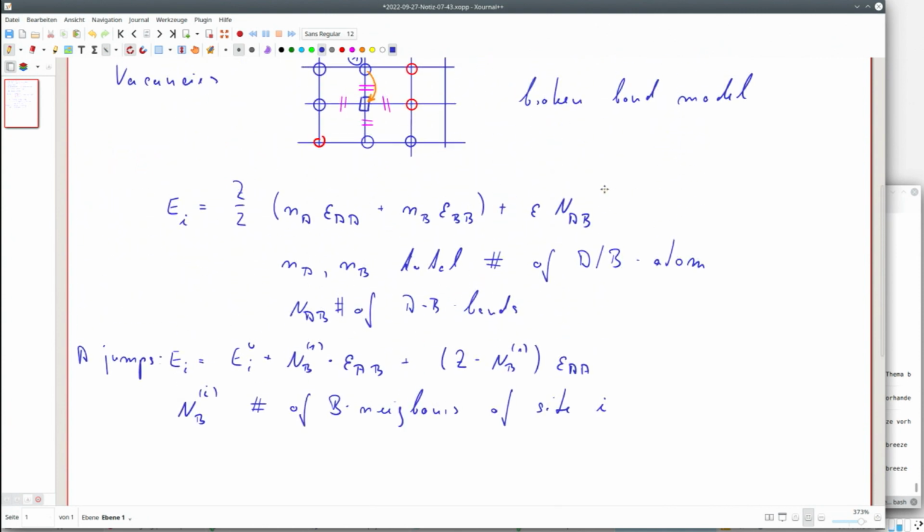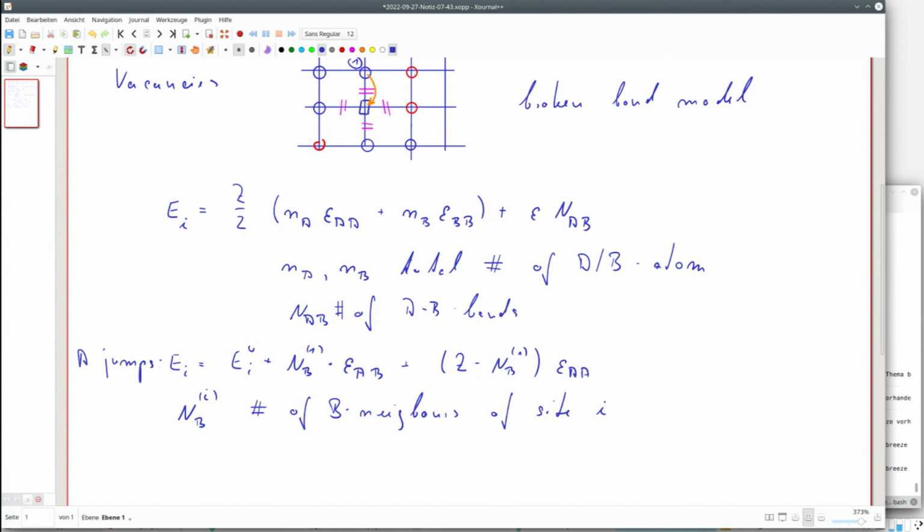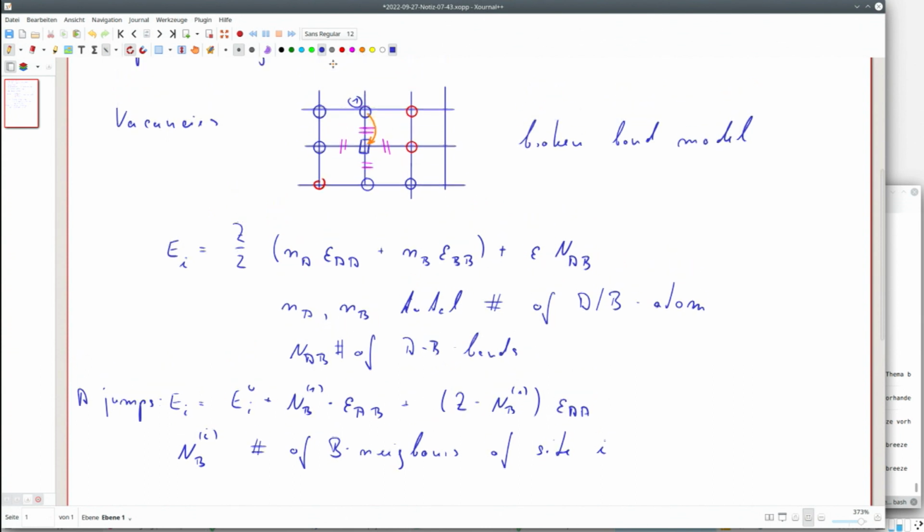Then you see if this is an A atom here, it takes the number of B neighbors times this energy of AB plus Z minus NB. See, this is the number of A neighbors here, epsilon AA, if it is an A atom.